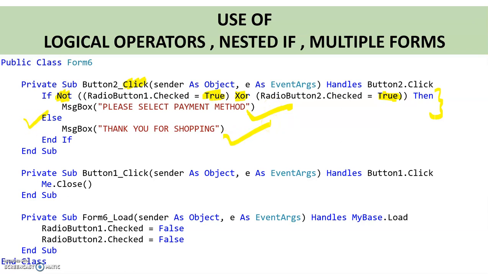See, here we are not going to do the calculation and all the other things, we are just learning how to use the different features of VB, right? So this is the final message box, thank you for the shopping.